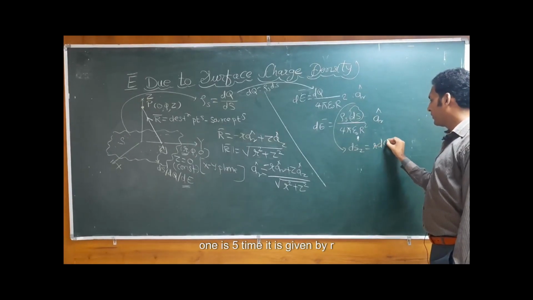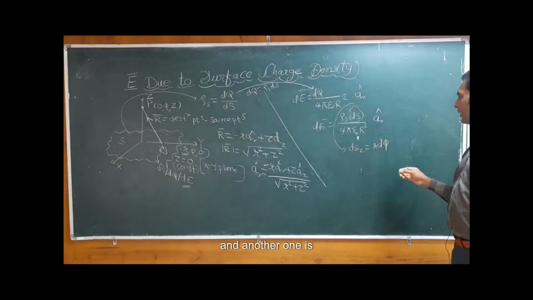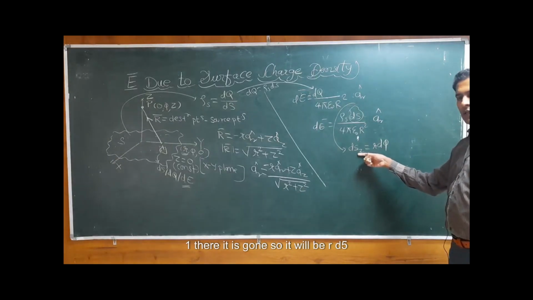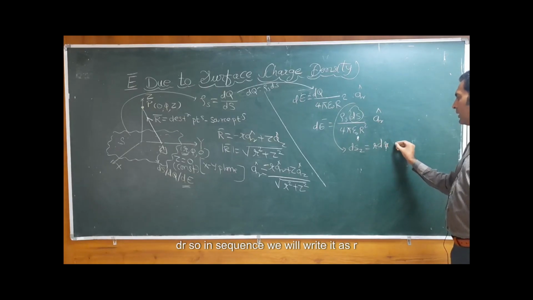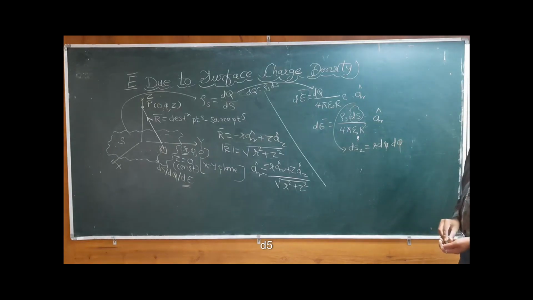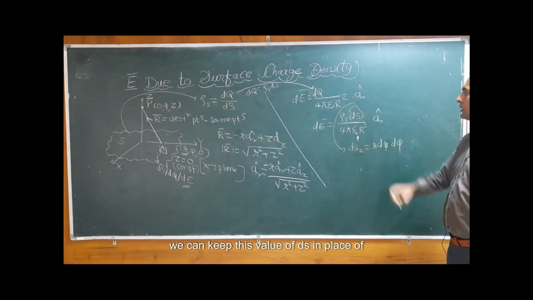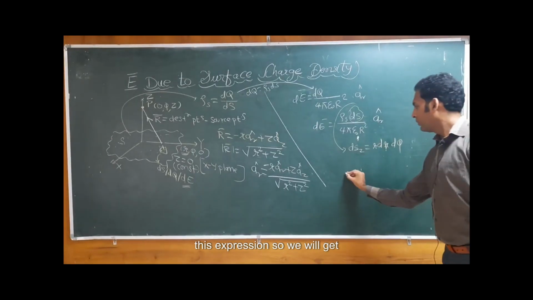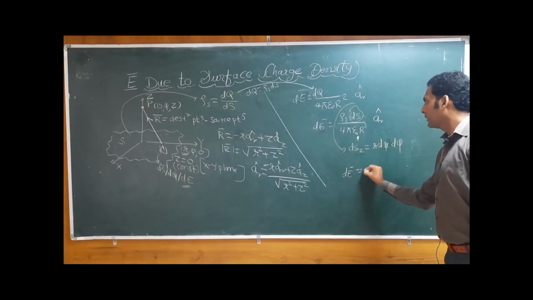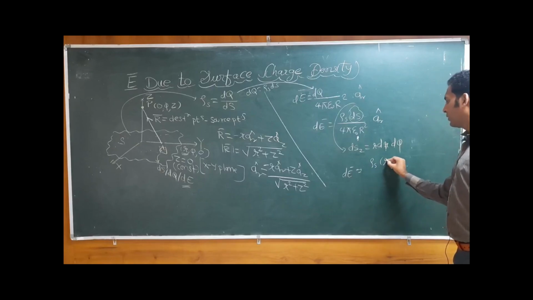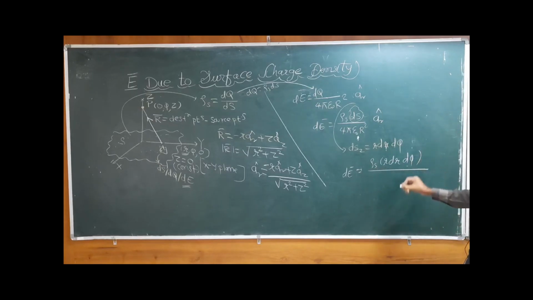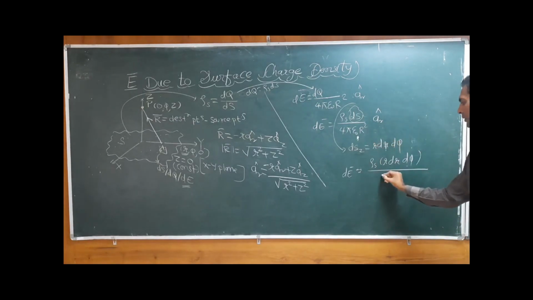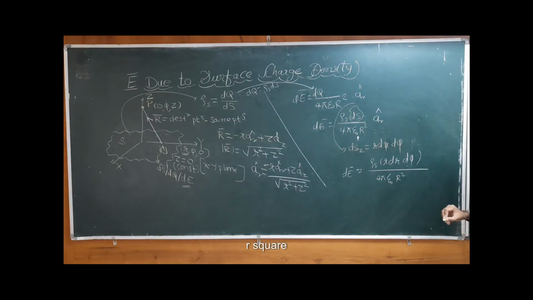One is the phi term, given by r d phi, and the other, since z is gone, is dr. So in sequence we will write it as r dr d phi. We can keep this value of ds in place of this expression. So we will get dE bar is equal to rho s into r dr d phi divided by 4 pi epsilon naught R square.